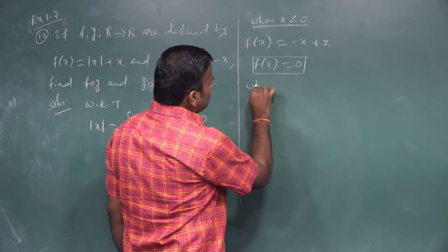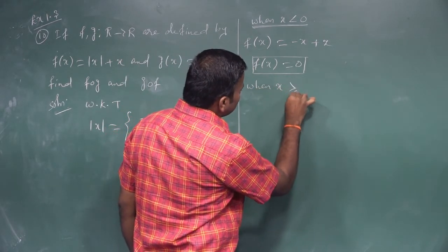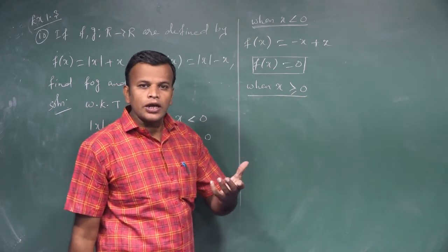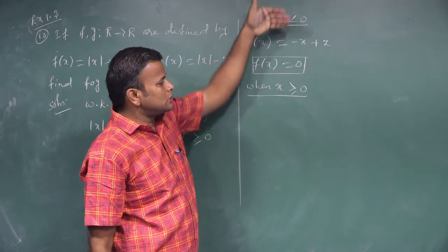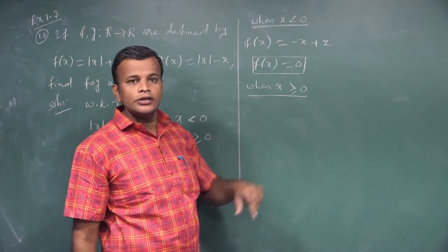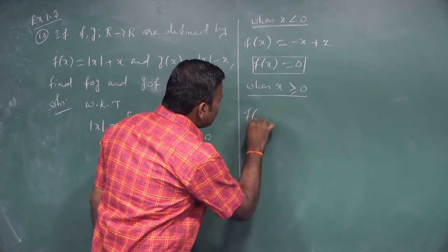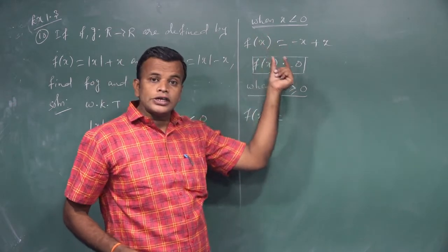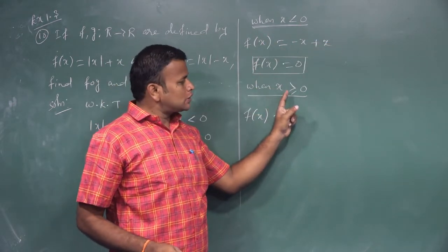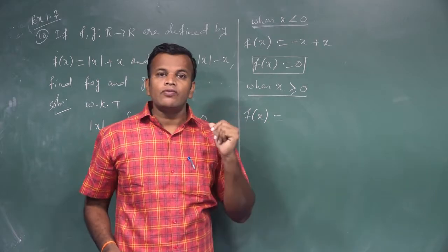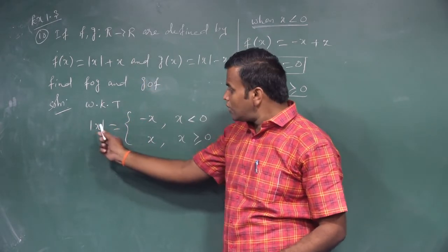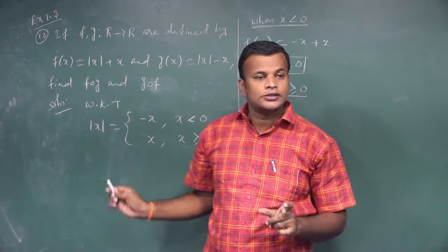In the other case, when x is greater than or equal to 0. So we find f(x) in both cases, when x is less than 0 and when x is greater than or equal to 0. How do we define f(x)? |x| + x. When x is greater than or equal to 0, the value of |x| is exactly x.